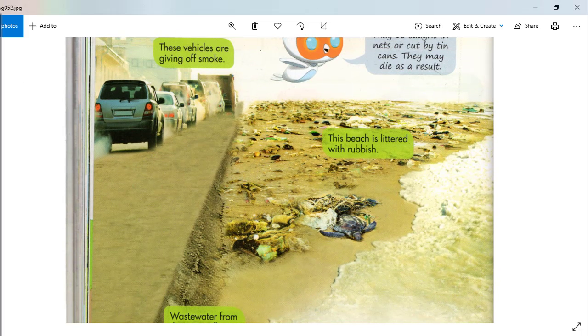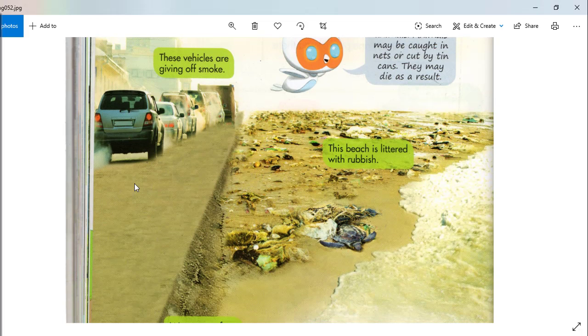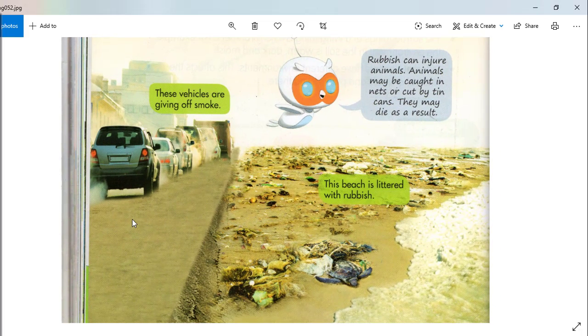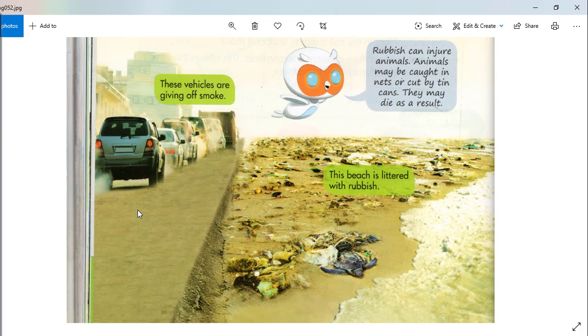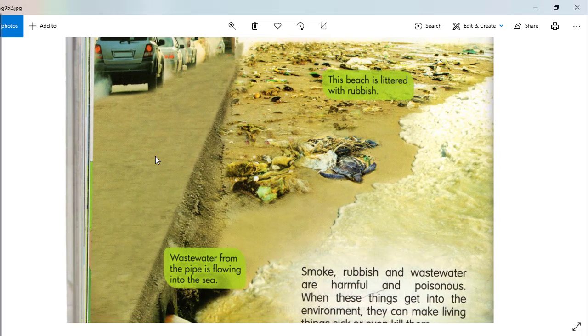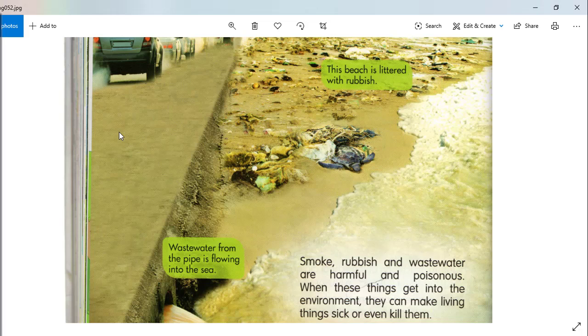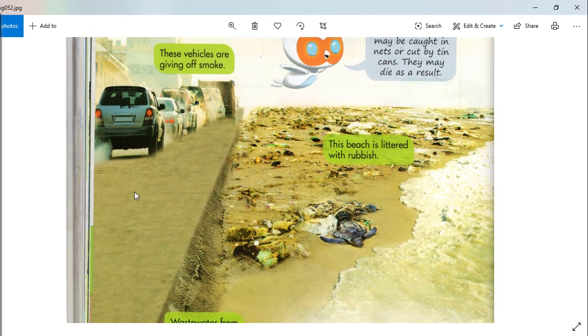So the wastewater doesn't get stuck in one place, so it can flow to the lower area like the river, and then flow to the sea. So of course this one will give bad impact.